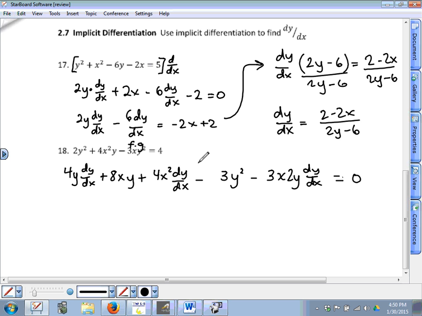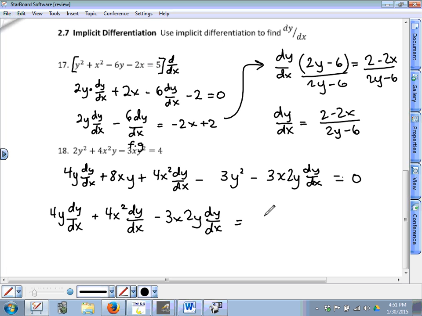And then it's a similar situation as the problem above. We need to get all the dy dx terms on the same side. So this is going to be 4y dy dx plus 4x squared dy dx minus 3x2y dy dx. These are all the terms that have a dy dx factor.